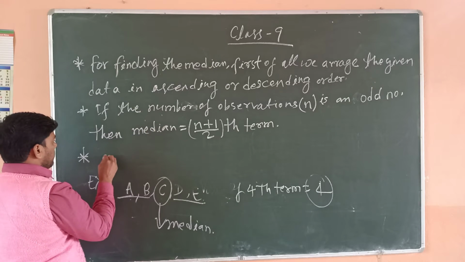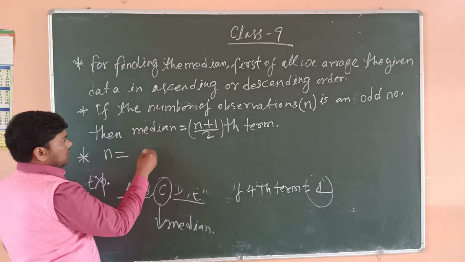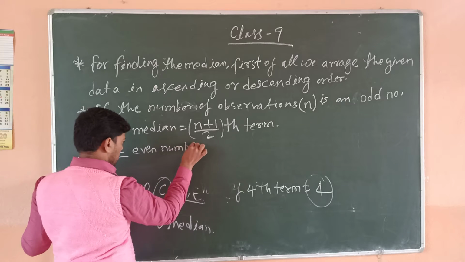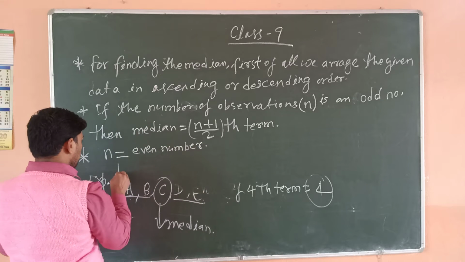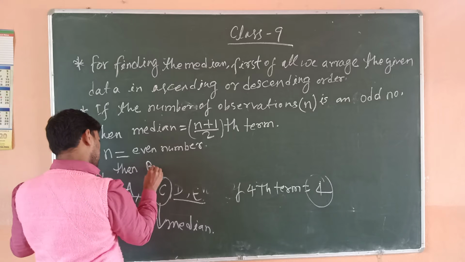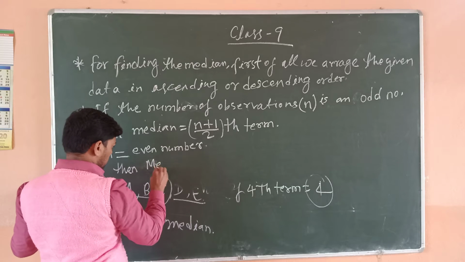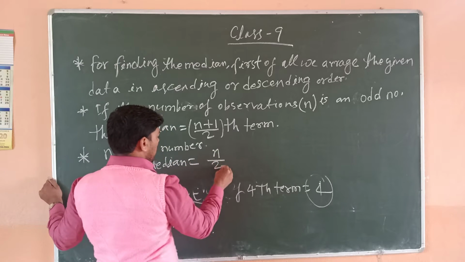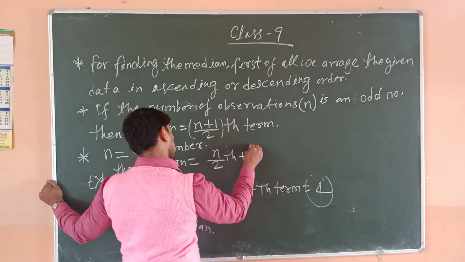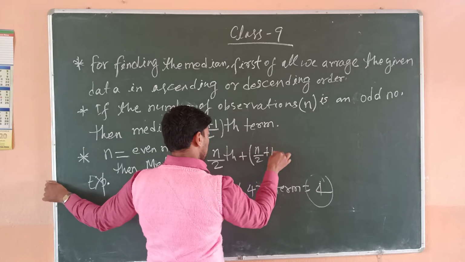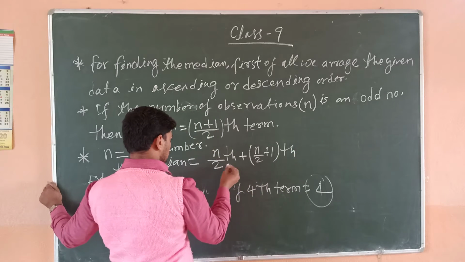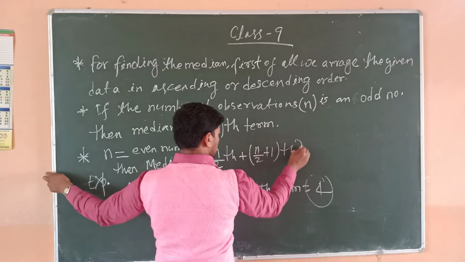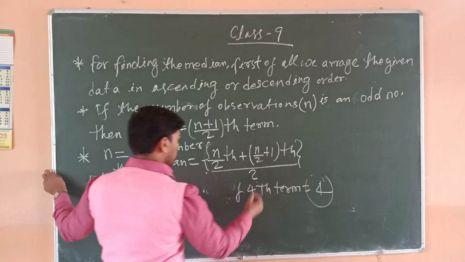If the number of observations is an even number, then median is equal to the (n upon 2)th term plus the (n upon 2 plus 1)th term, divided by 2.